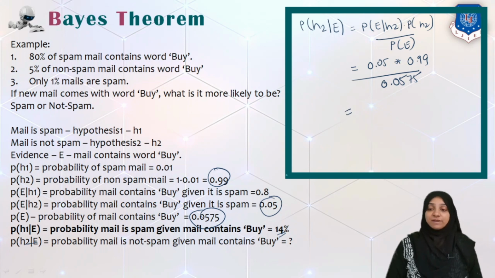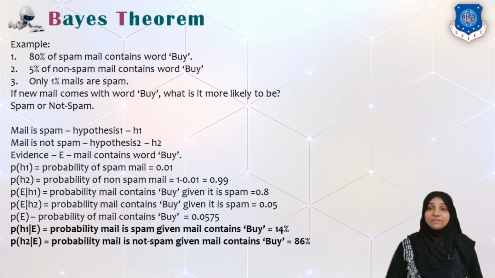Calculations again left to you, and we have found that this value is 86%. Now, as you can see, we have 14% support for our hypothesis H1 and 86% support for hypothesis H2.